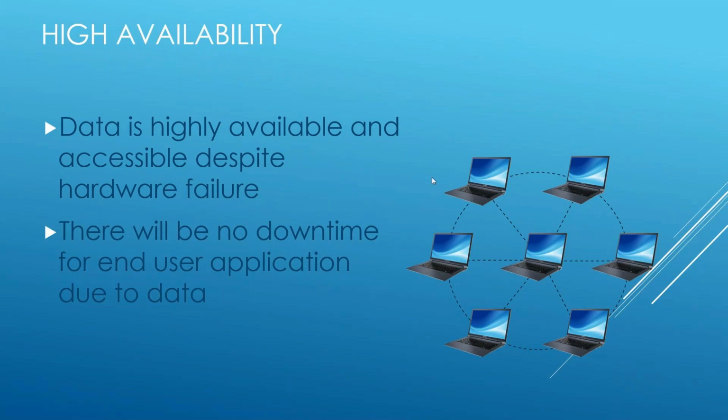And in a distributed network file system, there will be no downtime for the end user applications, because data is available across the network, across the systems. So he can get the data from another system.